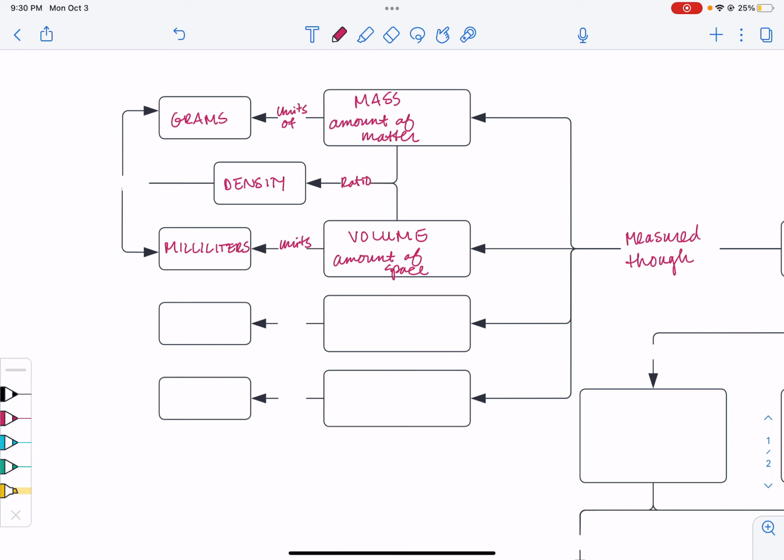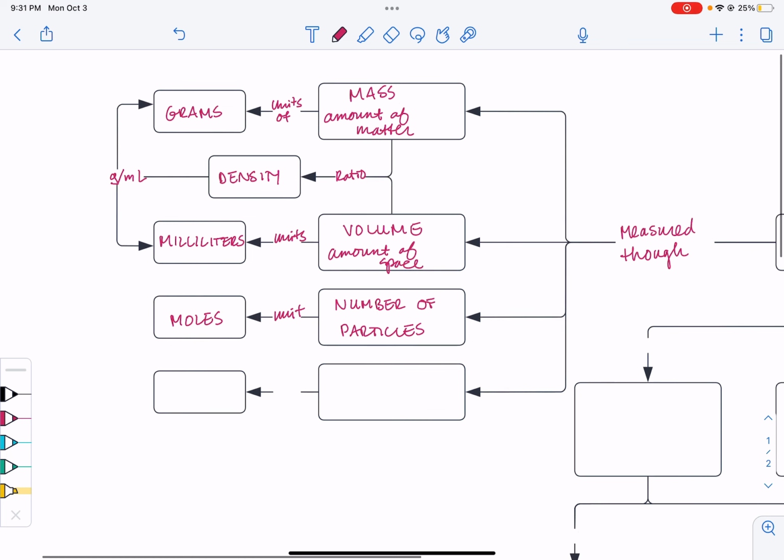So if density is the ratio between mass and volume, that means the units for density are in grams per milliliter. Now, we can also measure matter through the number of particles. And the unit for that is moles.